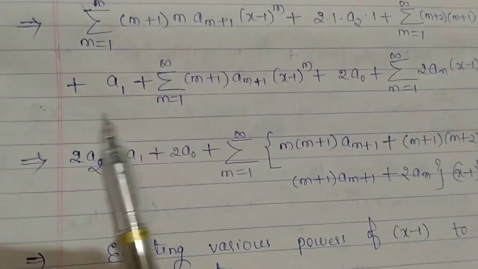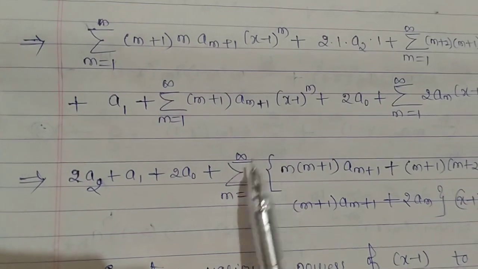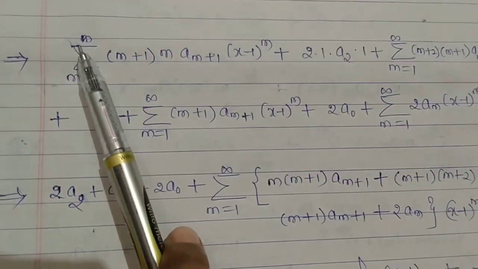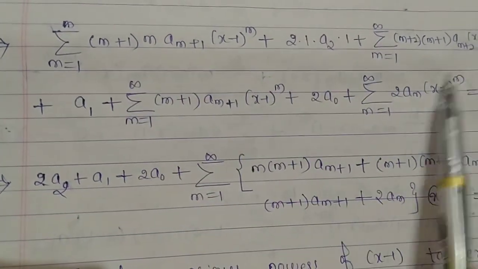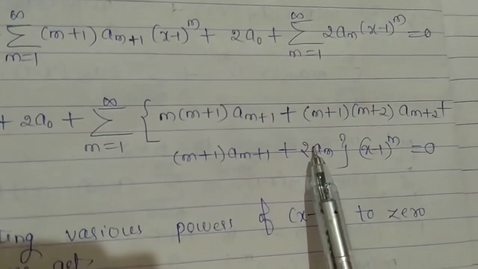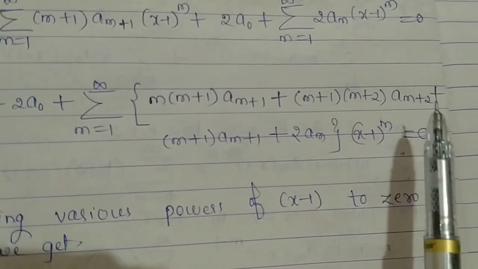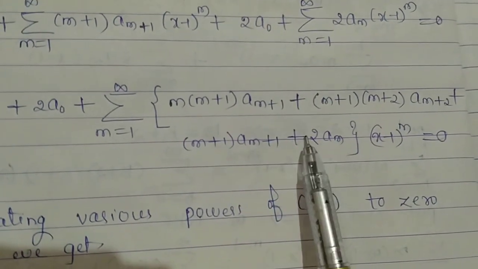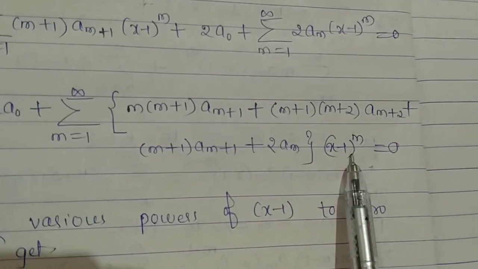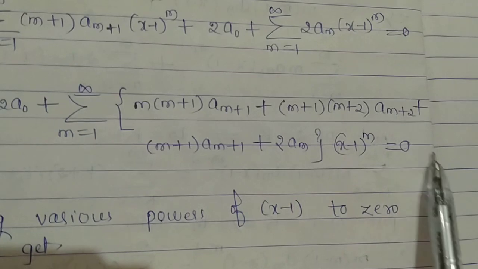I will keep all the constant terms on one side, and take the summation m = 1 to infinity and all those terms on the other side. That is (m + 1) m a_(m+1), (m + 2)(m + 1) a_(m+2), (m + 1) a_(m+1), plus 2 a_m, (x − 1) to the power m is equal to 0.